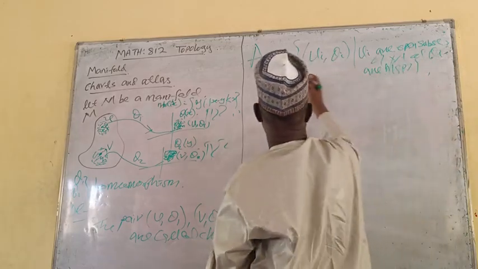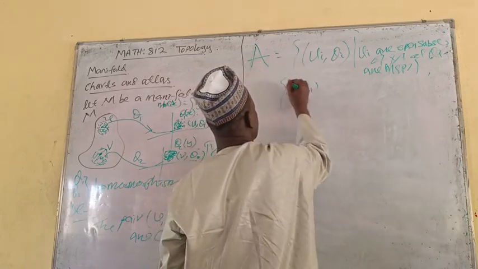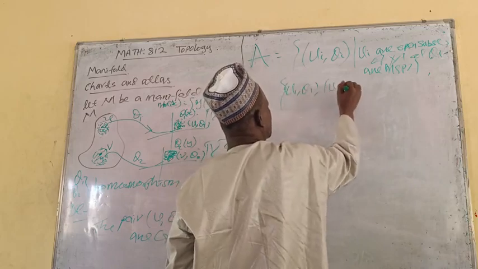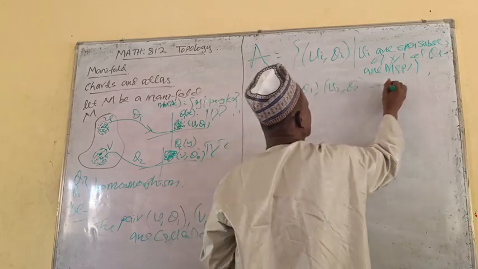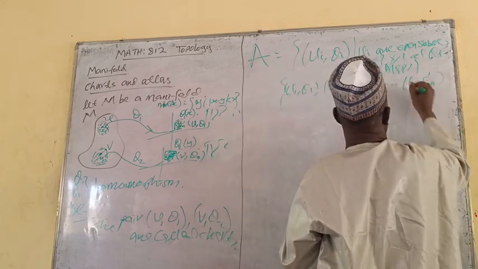So you are going to have (U1, theta 1), (U2, theta 2), and so on up to maybe (U_n, theta_n).